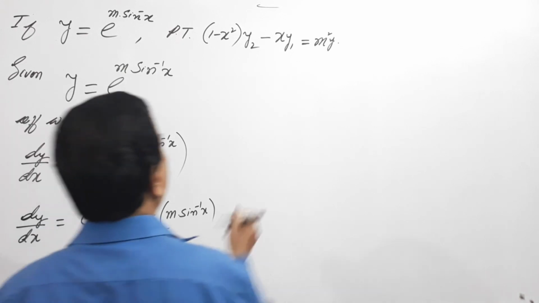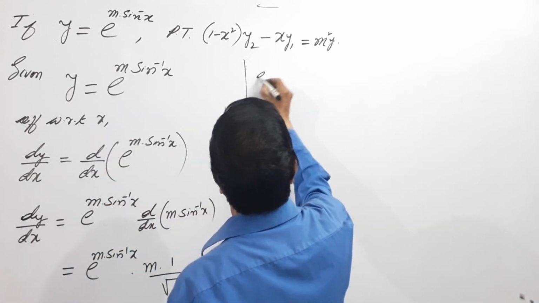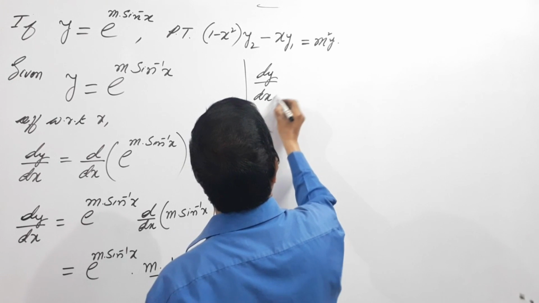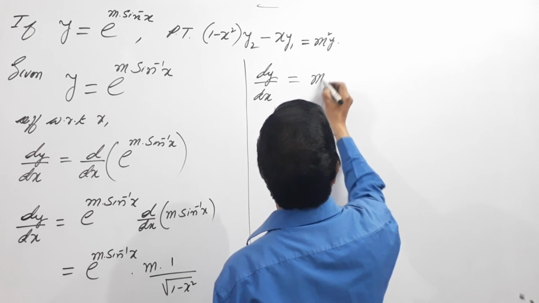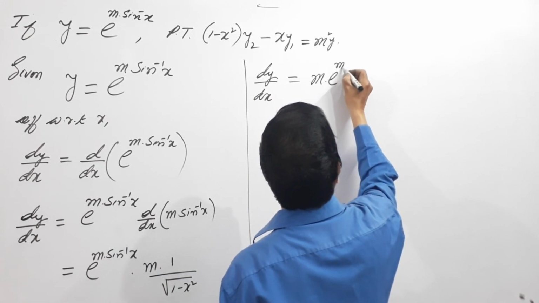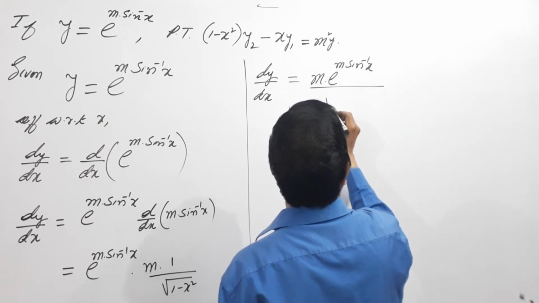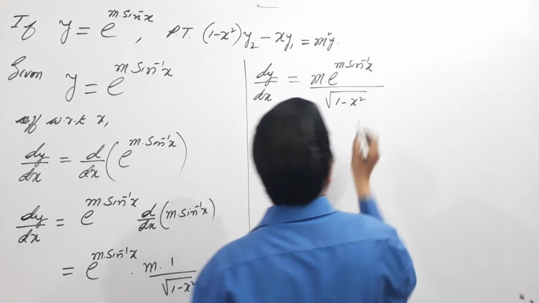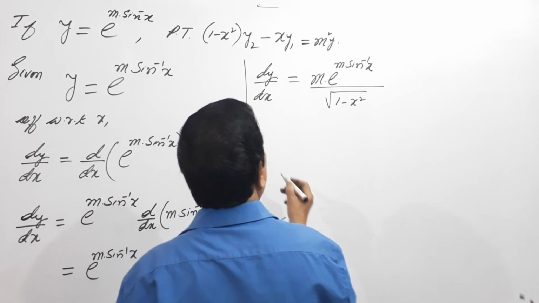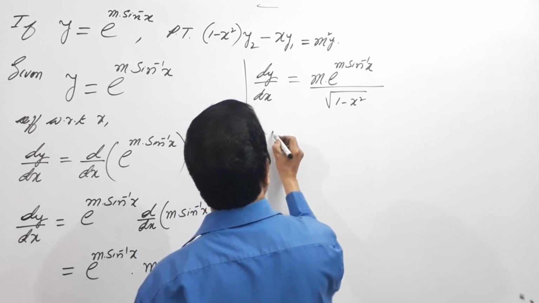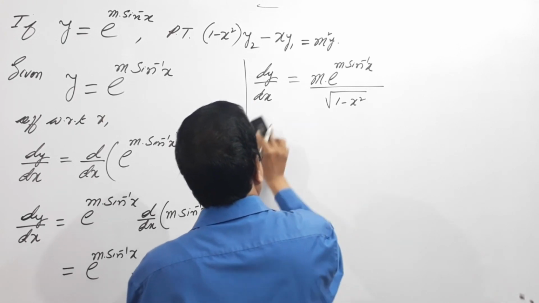Done. So I'll write dy by dx equals, I'll take this m in the beginning, m into e to the power of m sin inverse x divided by under the root 1 minus x square. Can I write like this? Yes. I'll avoid one step.